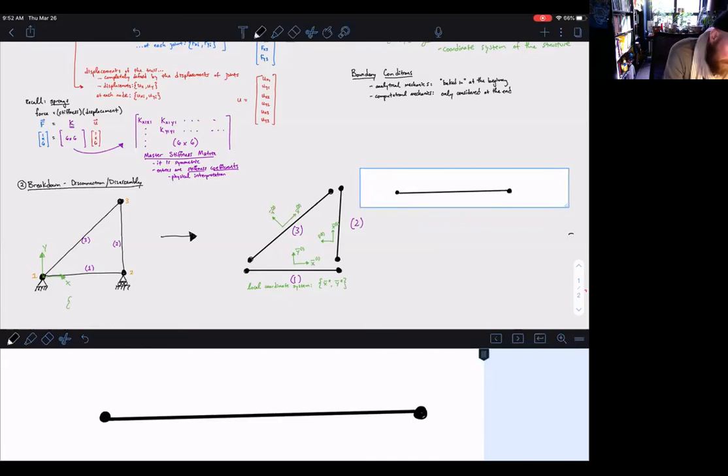For that generic element, we're going to have a force that can act in the x direction on node i.